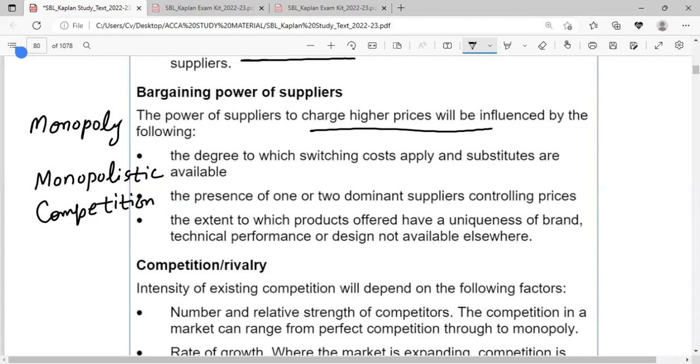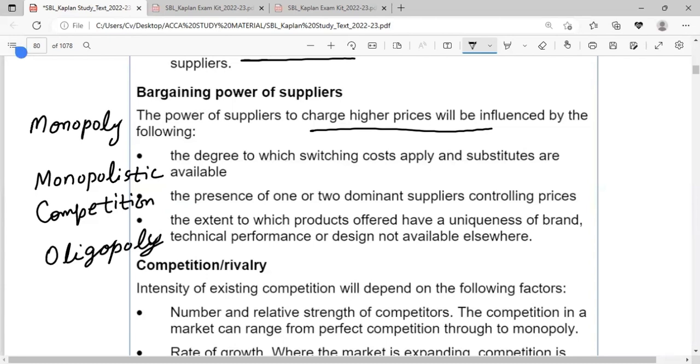Now they are charging higher prices from the customers. None of them is involved in a price war. Again, in an oligopoly there are a few large sellers, and again there are chances of signing a cartel between them.